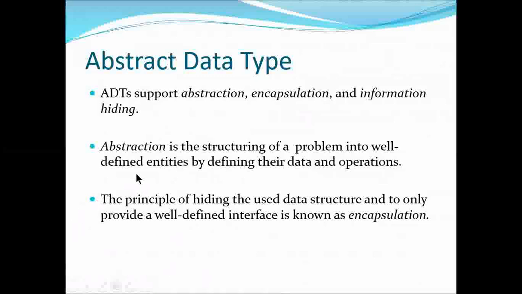So as you can see, abstraction is a structure for problem solving where we define entities, data and abstractions which are only relevant to a particular problem domain. Those that are irrelevant are not part of the problem domain. So the principle of hiding normally uses a data structure to provide a well-defined interface, and this is called encapsulation.